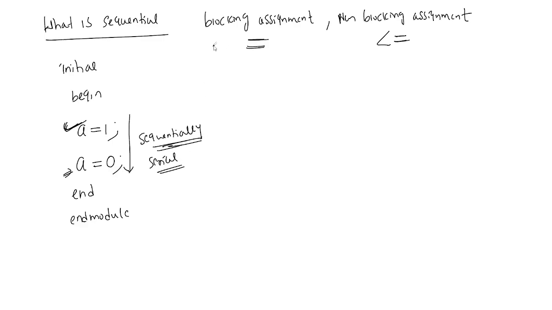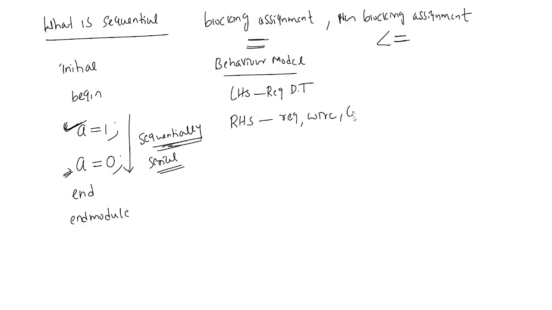Remember, when you are using behavioral modeling, the LHS should be reg data type, and the RHS can be reg data type, or wire data type, or a constant, or an integer also. It can be any data type. Port rule connections you need to follow, that I already told you.